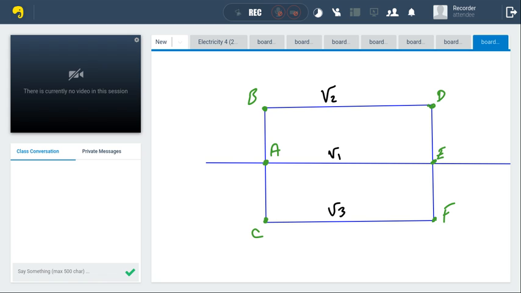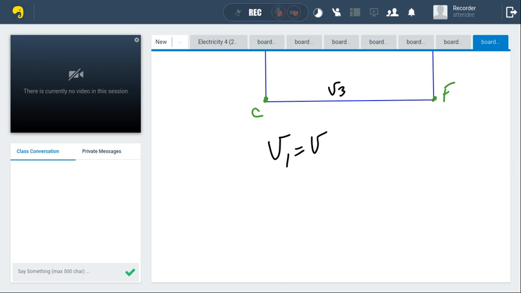Now here's the thing about that. V1, V2, and V3, as I've just defined them to you guys at home, all started at A and all finished at E. They're all between the two same points. As such, they've all got to be the exact same.